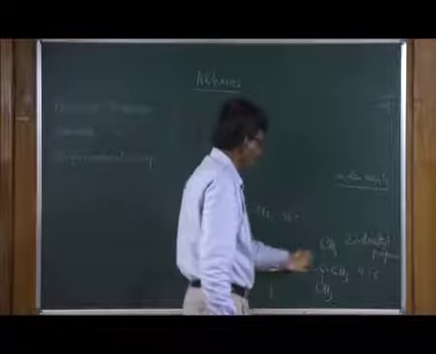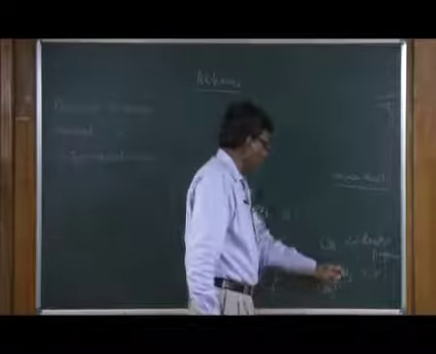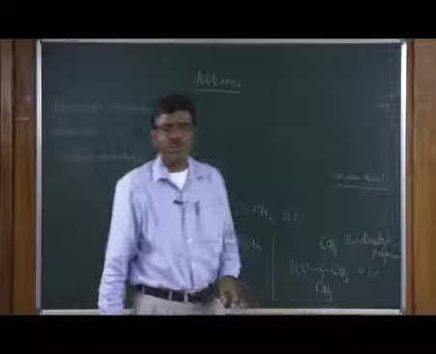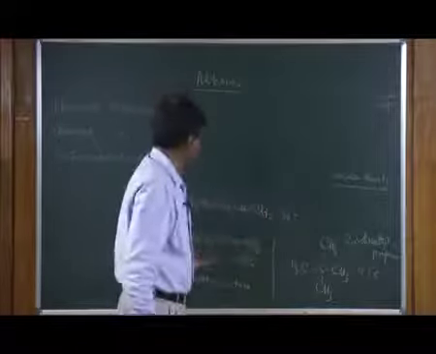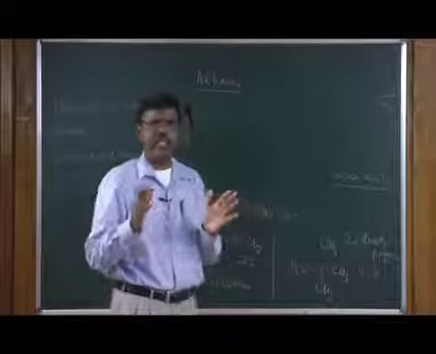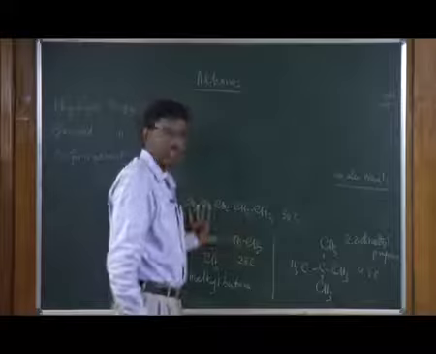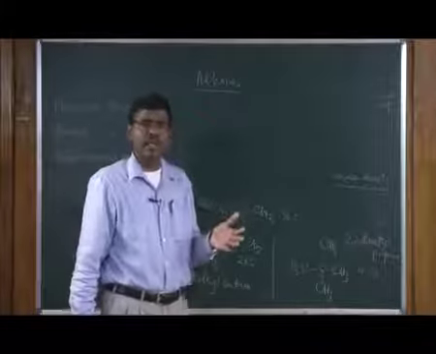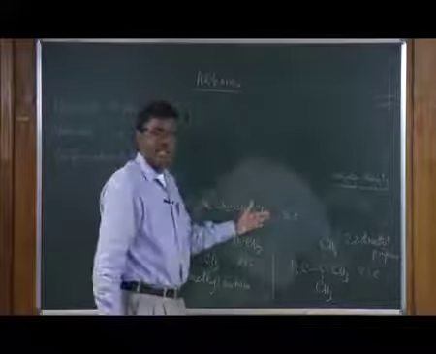When you increase the branches, this has 2 methyl group substituents, and in this case the boiling point further decreases to 9.5. This is because the molecule is now compact, smaller in size, and the surface area is reduced. The intermolecular forces decrease in this case, and that is responsible. When you have branches, the boiling point decreases compared with the linear alkanes.